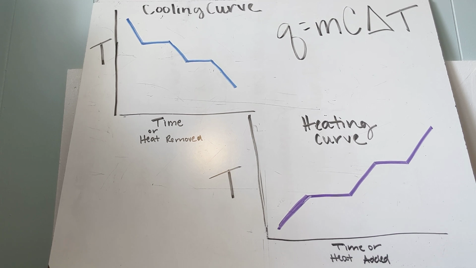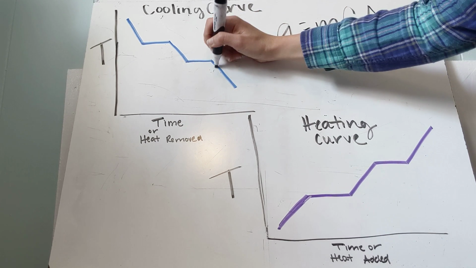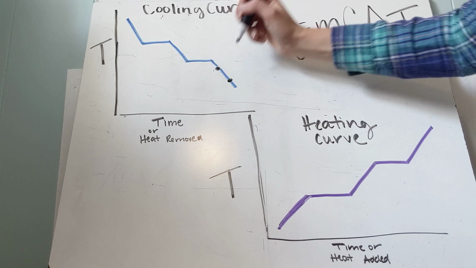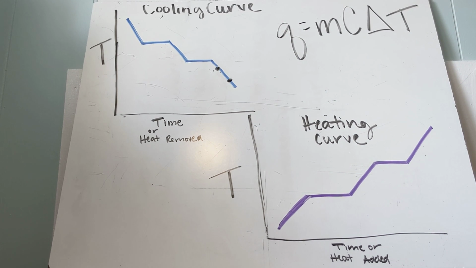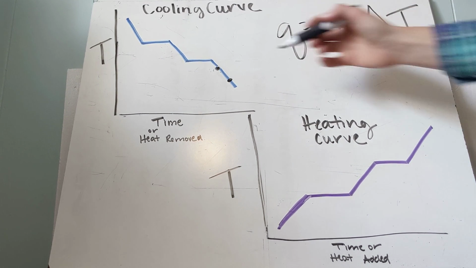So for example, if I asked you to calculate the amount of heat given off by water as it cools from 0 degrees Celsius to negative 12 degrees Celsius, you would be calculating the amount of heat given off by water right here.